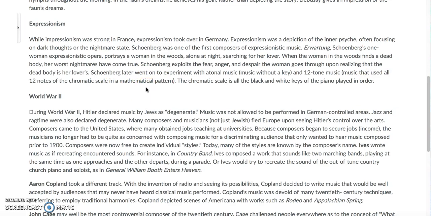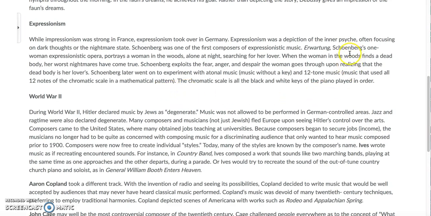We won't go into all the details of that, but you can hear the difference when you listen to 12-tone music as opposed to a piece of music by Beethoven or Franz Liszt or Frederic Chopin or one of those composers from the classical and romantic periods, just because of the way the notes are used in 12-tone music.